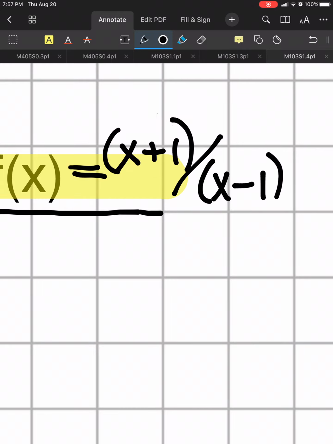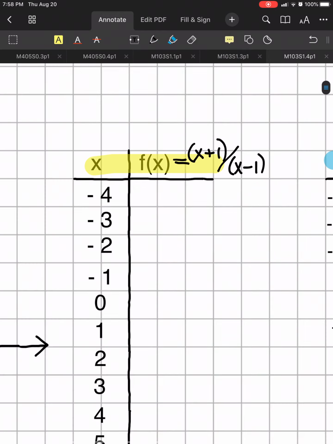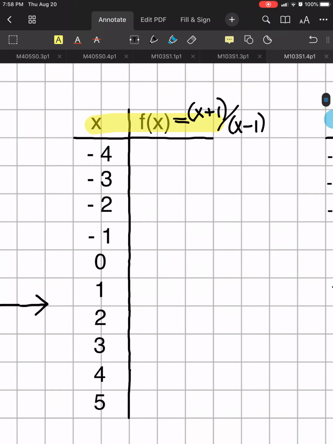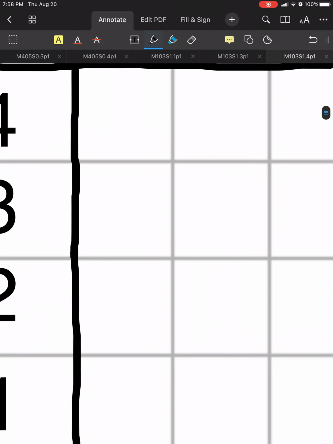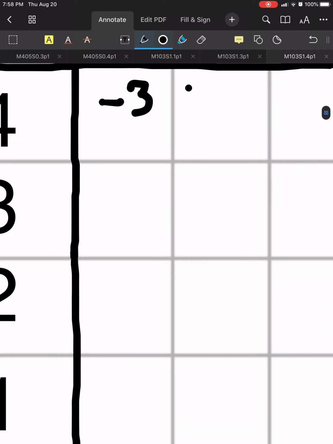So if I take negative 4 plus 1, I get negative 3. Negative 4 minus 1, I get negative 5. So here I would get negative 3 over negative 5, which should be positive 3/5. Sorry about that.